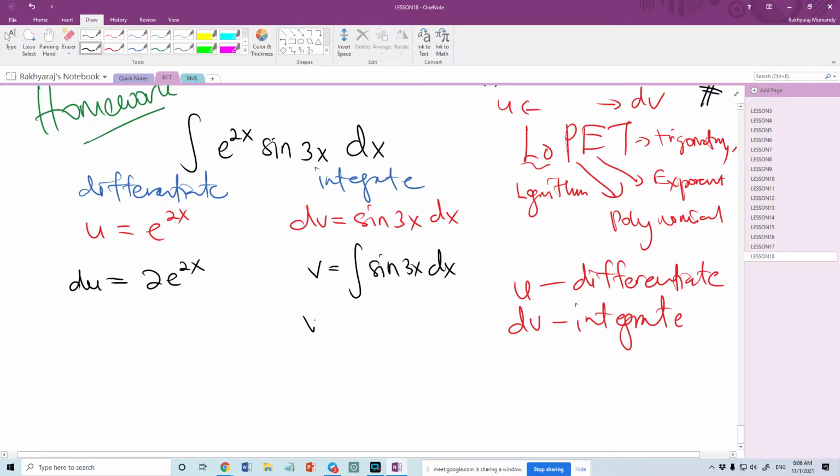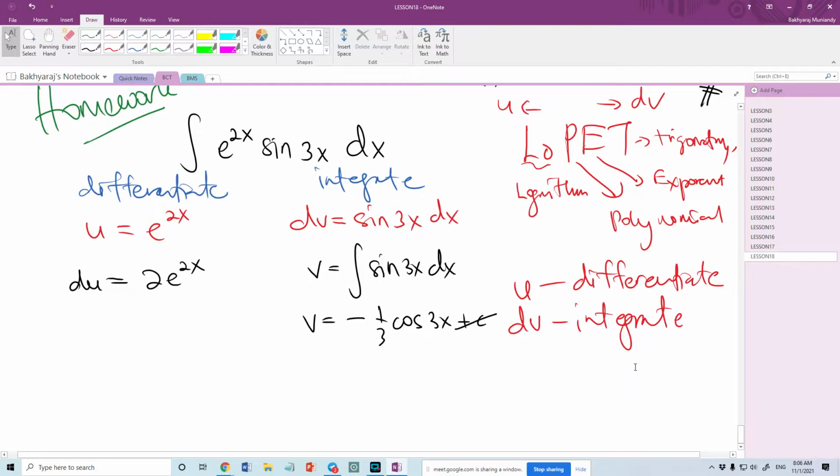So v will be equal to negative, what? Yeah, correct, 1/3 cos 3x. Plus c, but we actually don't need to write c, so we just write negative 1/3 cos 3x.